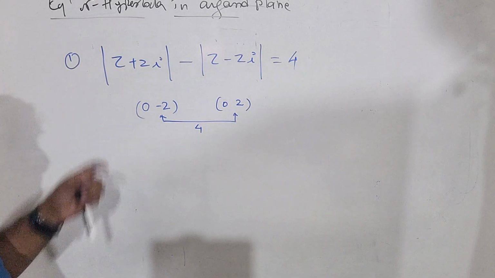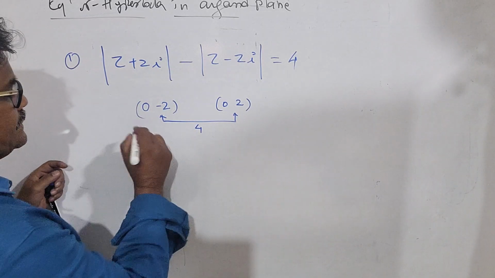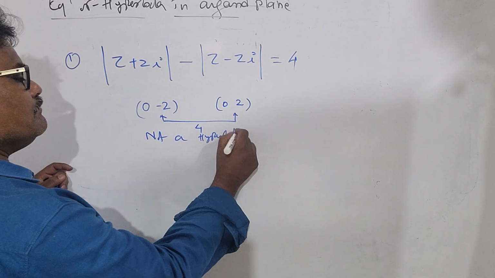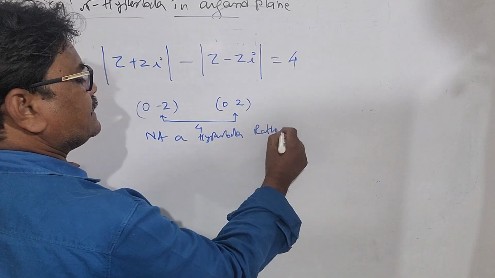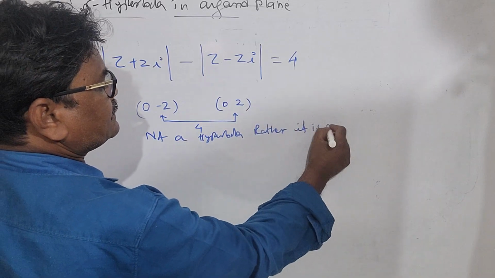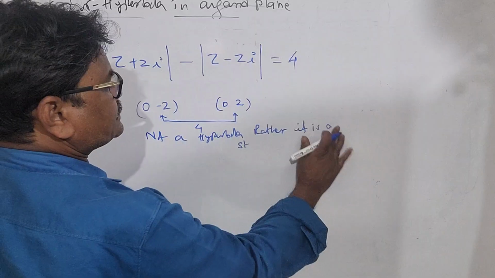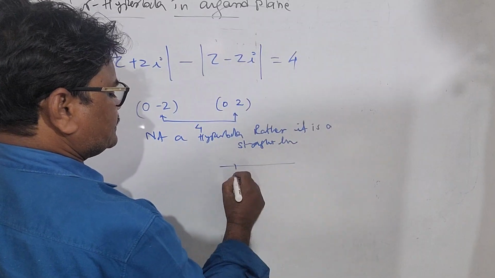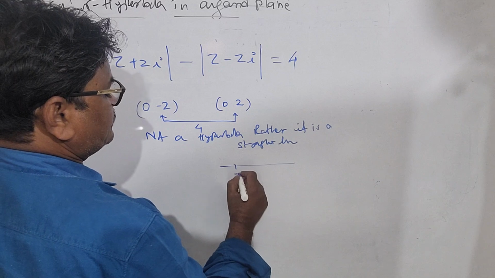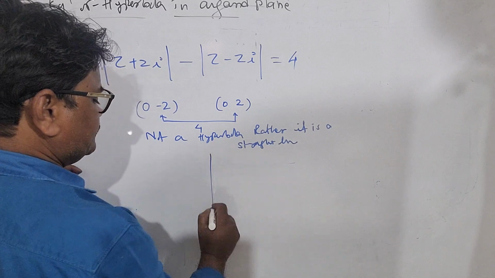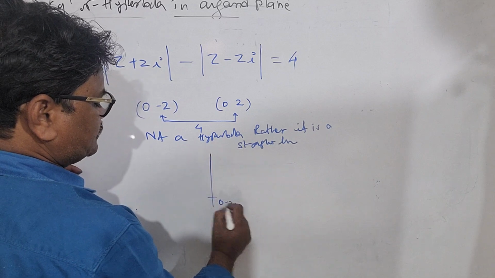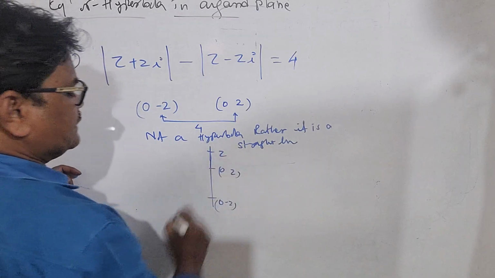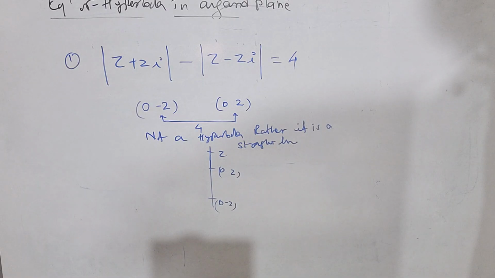So therefore this is not a hyperbola, rather it is a straight line, a straight line like that, this is 0 comma minus 2, this is 0 comma 2, and here z is lying, correct?